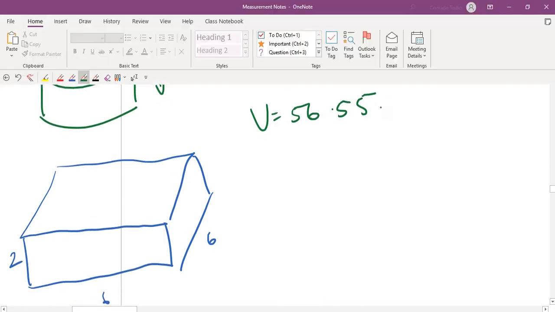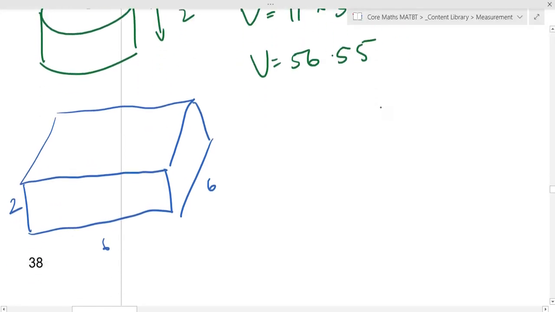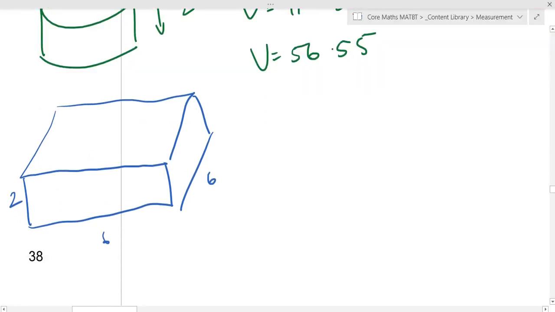And for the rectangular prism down here, remember it's just going to be length times width times height. Or in other words, you're just multiplying all the numbers. So it's going to be 6 times 6 times 2, which equals 72.